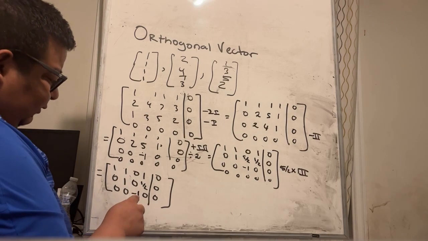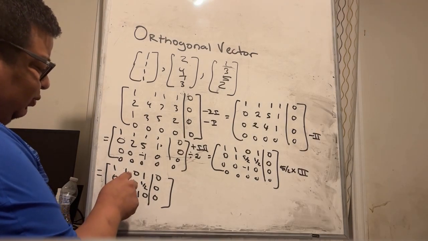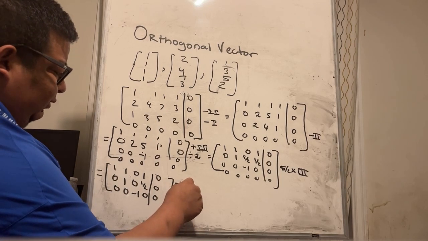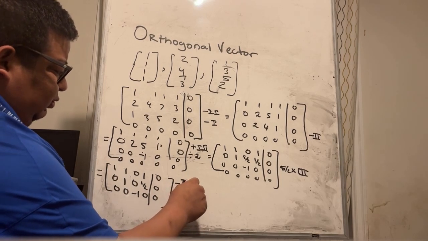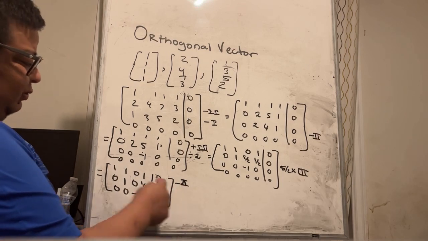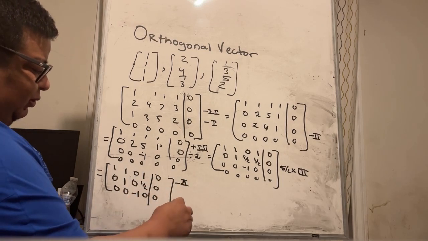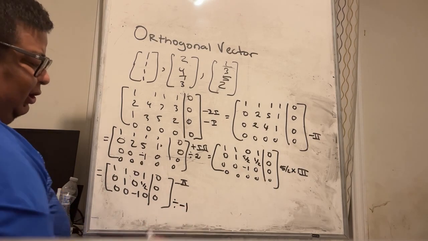Then we're going to get rid of this -1 and we're going to get rid of this 1 here. The way to get rid of this 1 is by adding negative times the second row, and then here we're going to divide by -1.